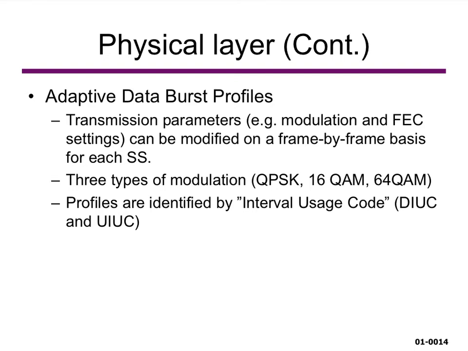One very important feature of the physical layer for 802.16.1 is what we call the adaptive data burst profile. That talks about the fact that you can use different modulation schemes. I'm not sure if any of you is familiar with QPSK or QAM or something like this.